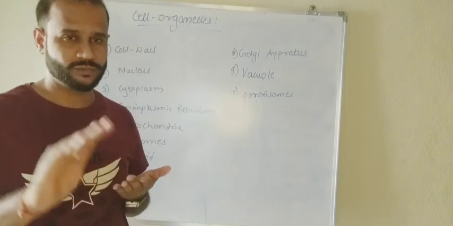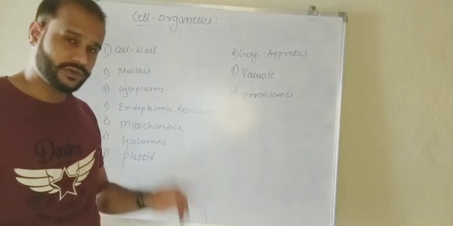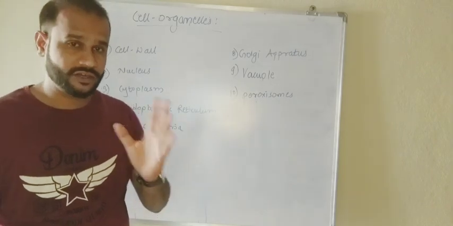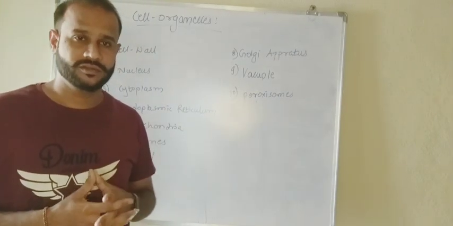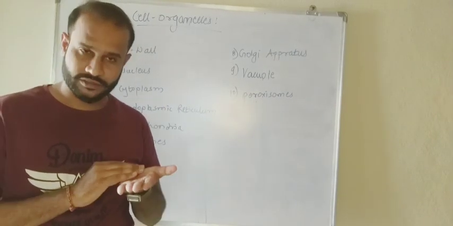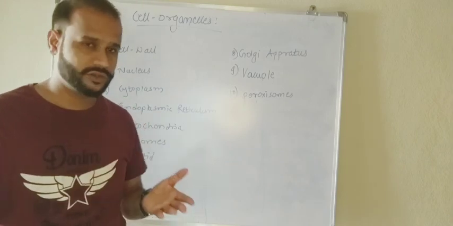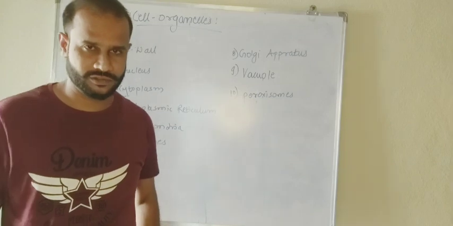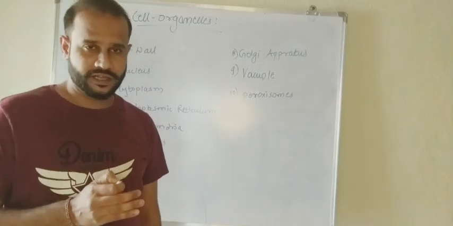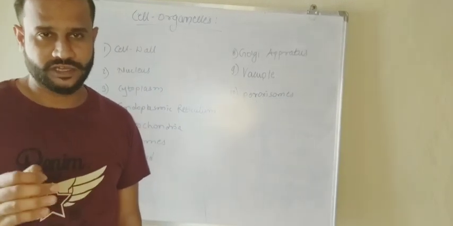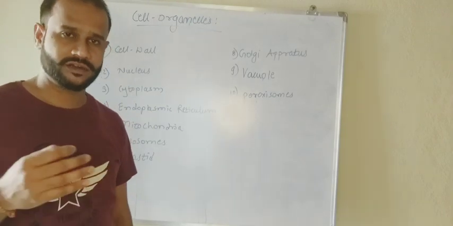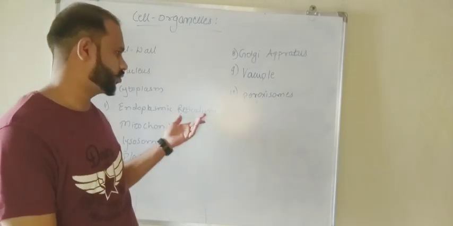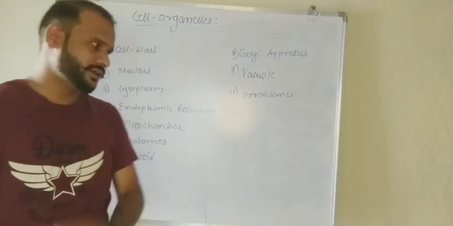That's why we call it smooth. And second is rough endoplasmic reticulum. Why do we call it rough? Because ribosomes are attached on the endoplasmic reticulum. That's why we call it rough. So RER and SER, rough and smooth endoplasmic reticulum, are the two types of endoplasmic reticulum.